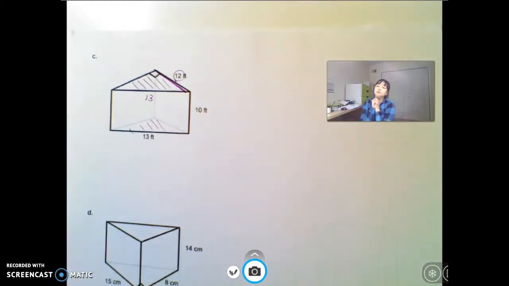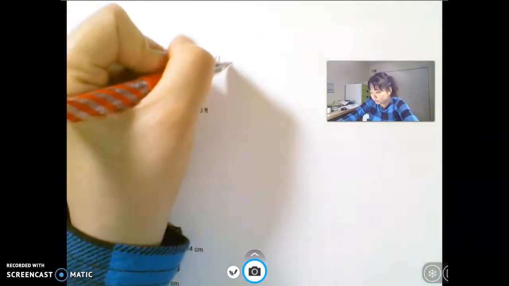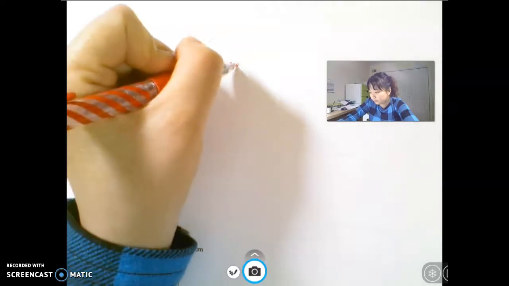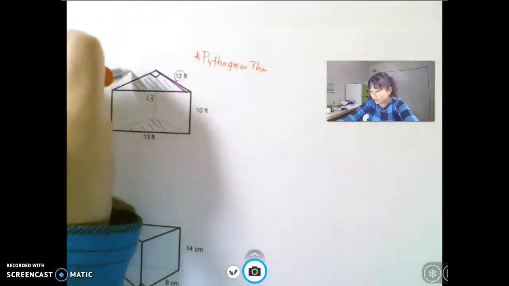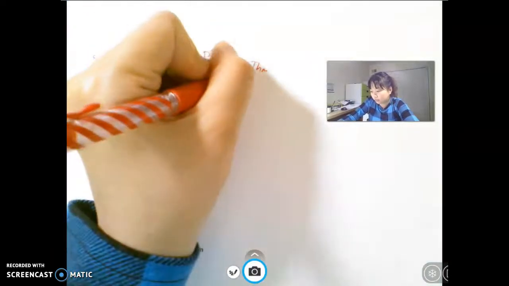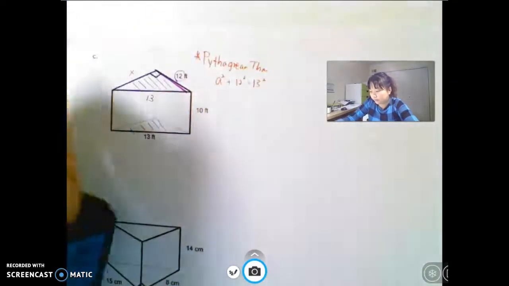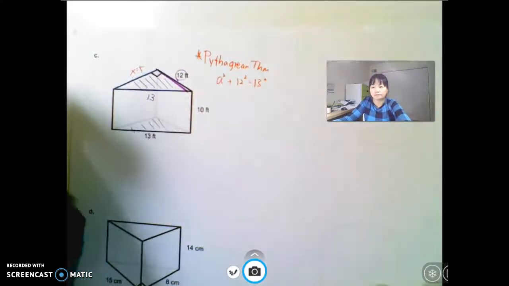So we have to use the Pythagorean theorem to find this part, which I'll just set up, but it should be 5. 5, 12, 13 always works. Okay. So then it's 5.